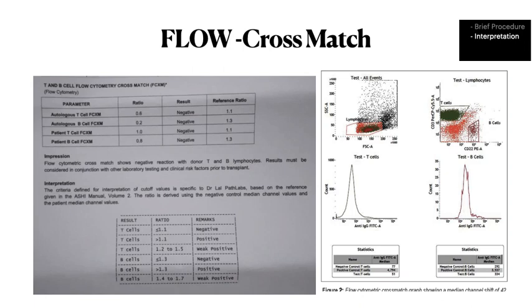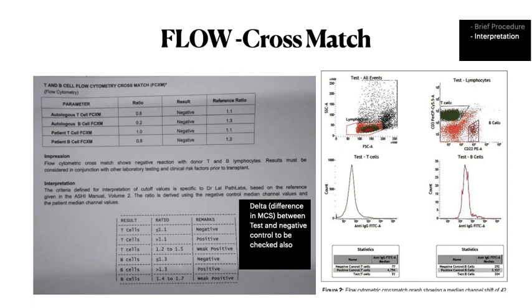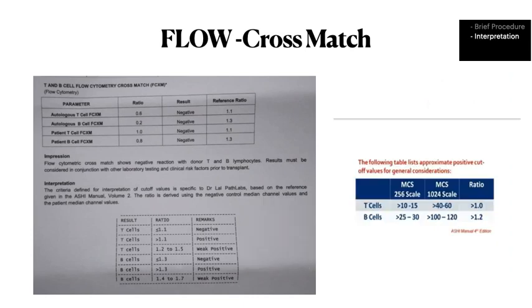And here you can look at the ratio. Every lab has its own defined cutoff for a positive T and B cell. For the labs in Bangladesh, these numbers are not printed, but these numbers are important. There's one more important thing we need to know, the delta difference. Delta difference is between the negative control and the test for the patient sample.